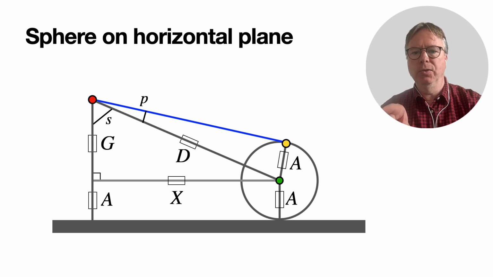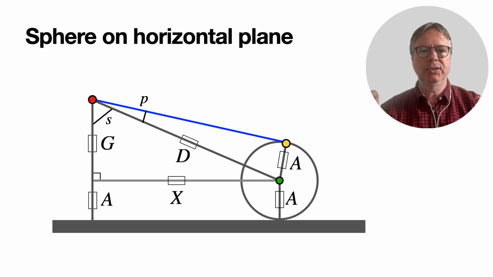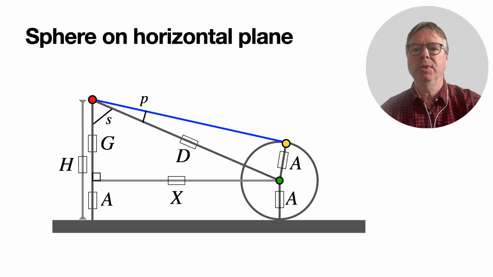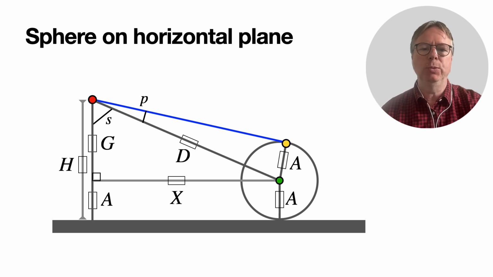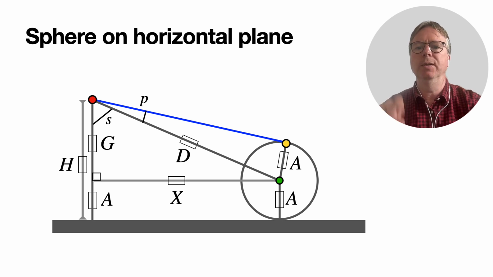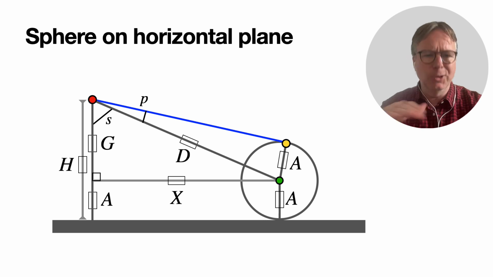And then on the left and on the right we have A as the basis of that X line. And of course we still have h, which is the entire height, the quadrance between the viewing point, the red point, and the horizontal plane.